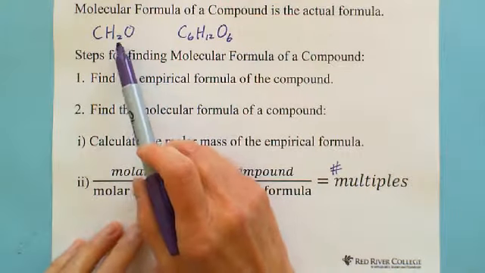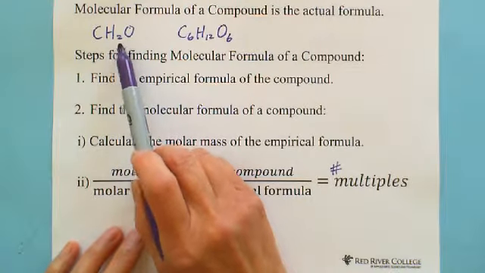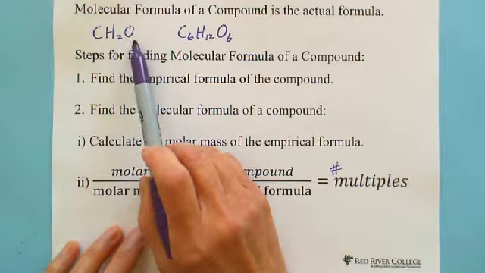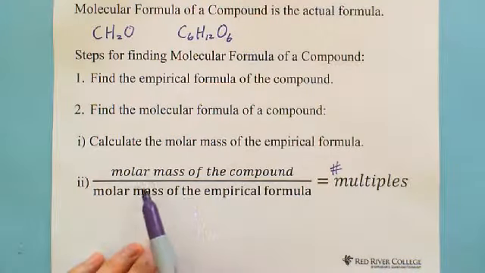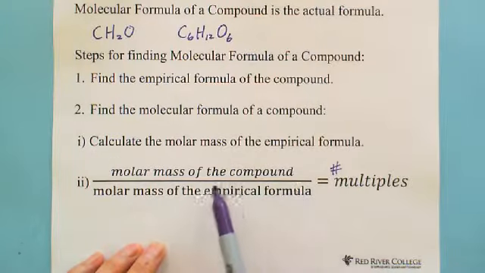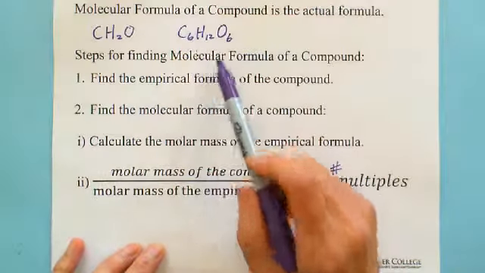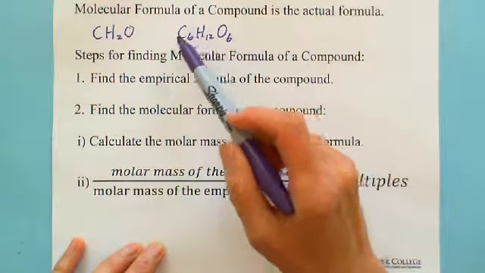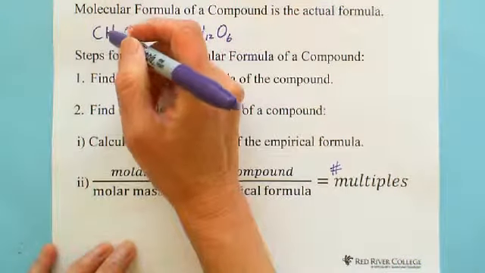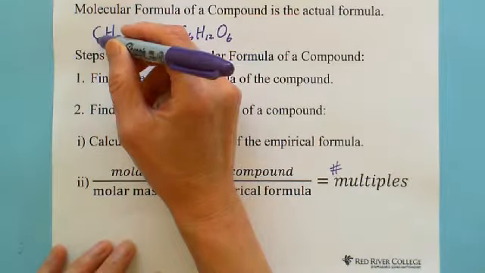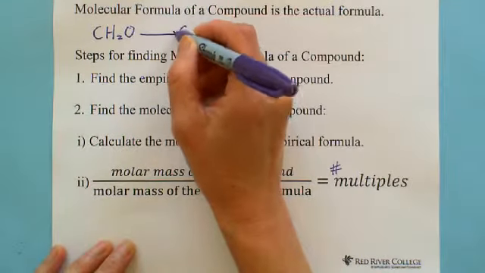For example, in this case, you first find the empirical formula of glucose, which is CH2O, and then because you already have the molar mass of this compound, calculated from this one you're given. This molar mass is talking about this molar mass. As we know, from empirical formula to molecular formula, you multiply by 6.